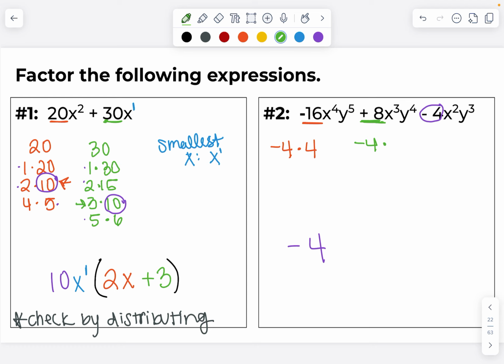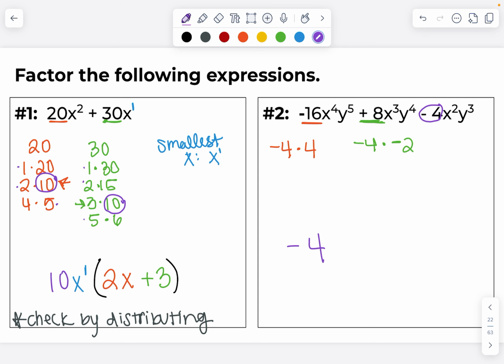The only way to get a positive when I have at least one negative is to have 2 negatives, so it's got to be a second negative. Negative 4 times negative 2 would give me that positive 8. And here I'm pulling out the negative 4, and that'll leave behind a 1, so negative 4 times 1 gives me negative 4. So that's how each of those breaks down.